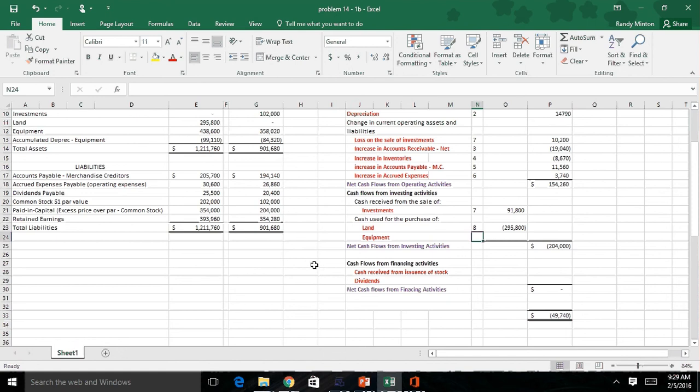Now we're also told that the equipment itself was bought for cash, but they gave us another little piece of information, and that was that none of the equipment was disposed of during the year. That's an important piece, because if it were, we'd have to take it into consideration both on the accumulated depreciation side and on the equipment side.